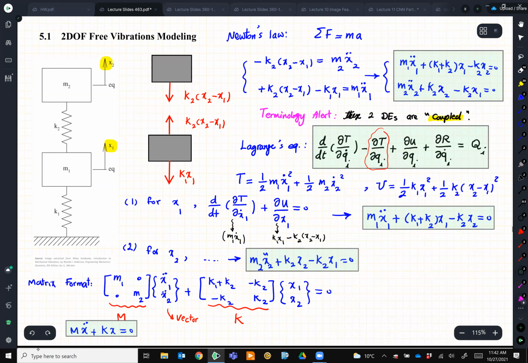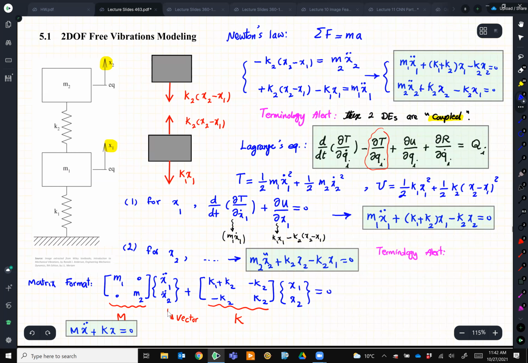So two terminology alerts here, because we are going to use them a lot later. Take a look at the mass matrix. If you look, it is a diagonal matrix, right?